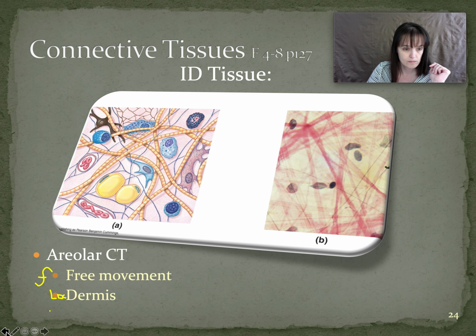Whoa, there we go. And this is why. The areolar CT can change into adipose CT. So if you have areolar CT hanging out and you have extra fat that needs stored, the areolar CT will helpfully turn into adipose CT.